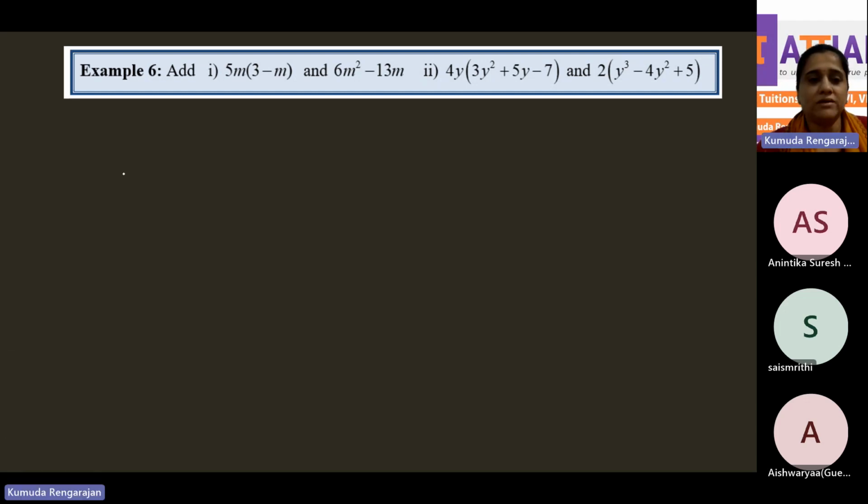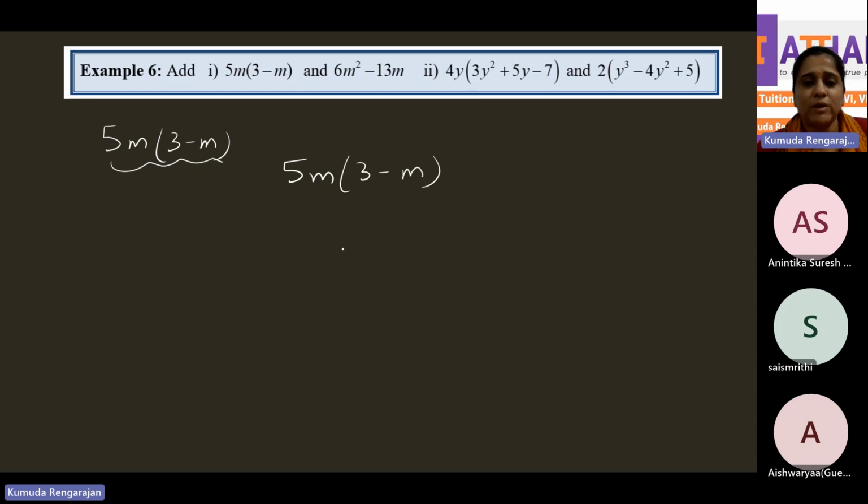Now, what I'm saying is this one has to be simplified. Can you write it like this and below that 6m square minus 13m? No, this one has to be simplified.